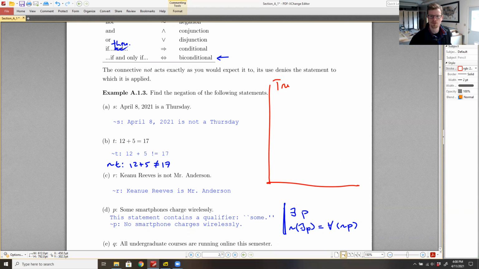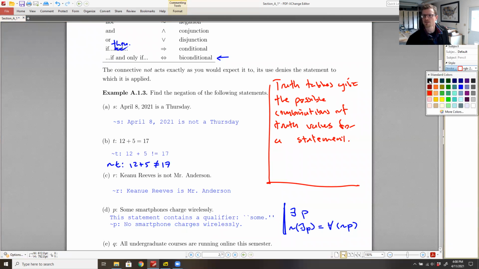So truth tables give the possible combinations of truth values for a statement.